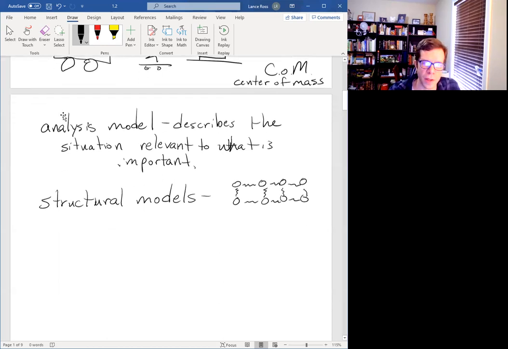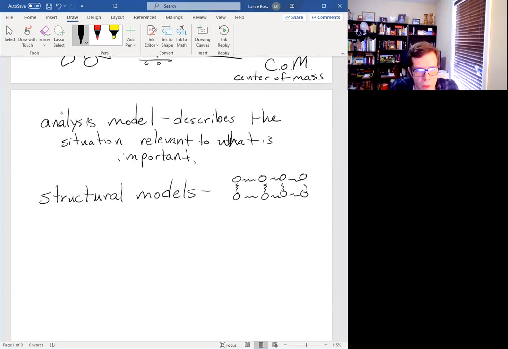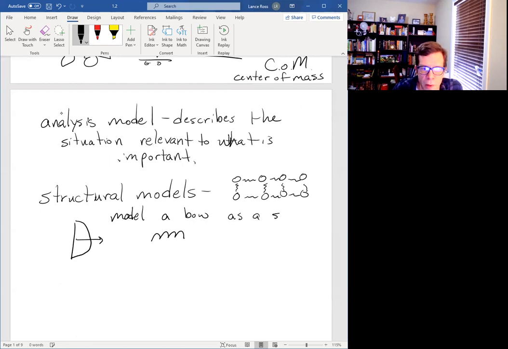One thing I have done in an introductory physics class is described a bow, like a bow and arrow, right, as a spring. A bow is surprisingly similar to a spring. So we can model a bow as a spring. And we can talk about the elastic energy stored in a bow, similar to the way that we do in a spring.